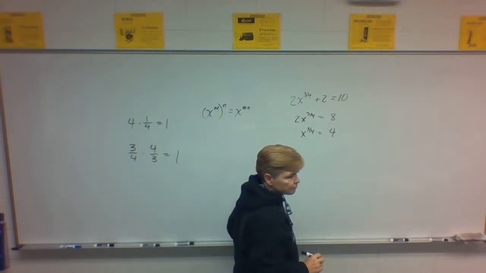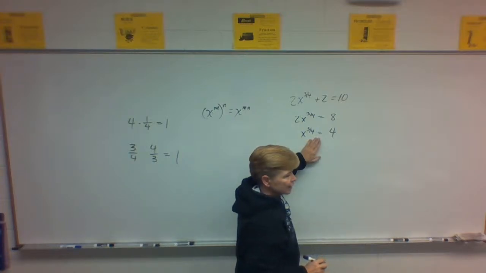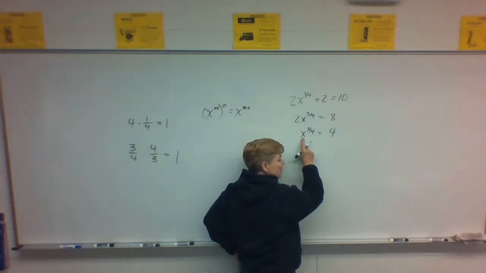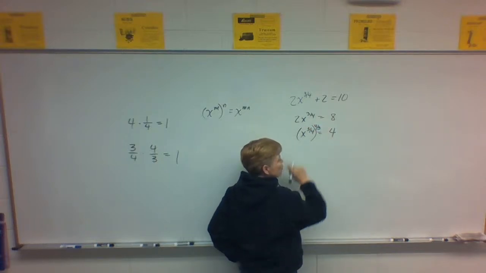Follow that? Okay, all right. Everybody follow this part right here. You got to get this done first. Then we want to have x be all by itself, and it's raised to the 3/4 right now, so I'm going to raise it to the 4/3 because 3/4 times 4/3 is 1.